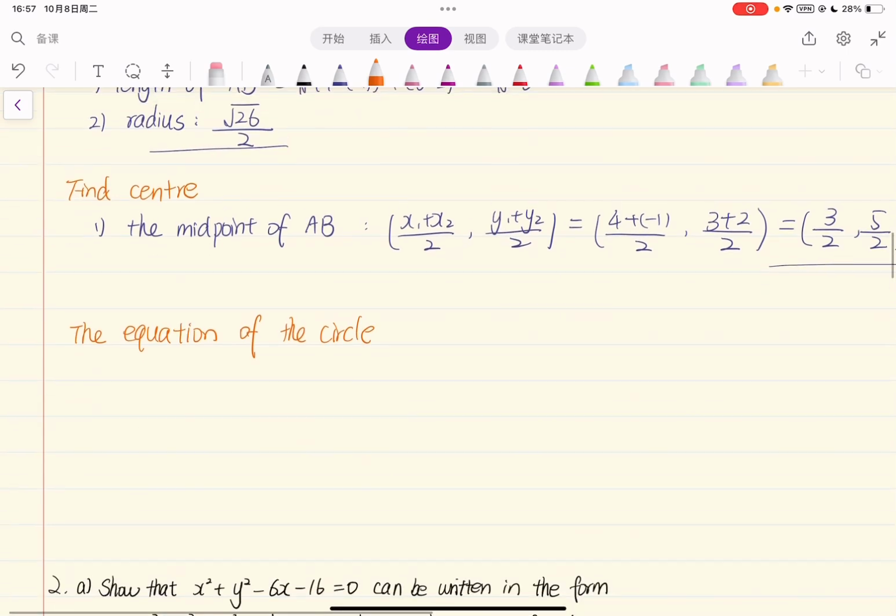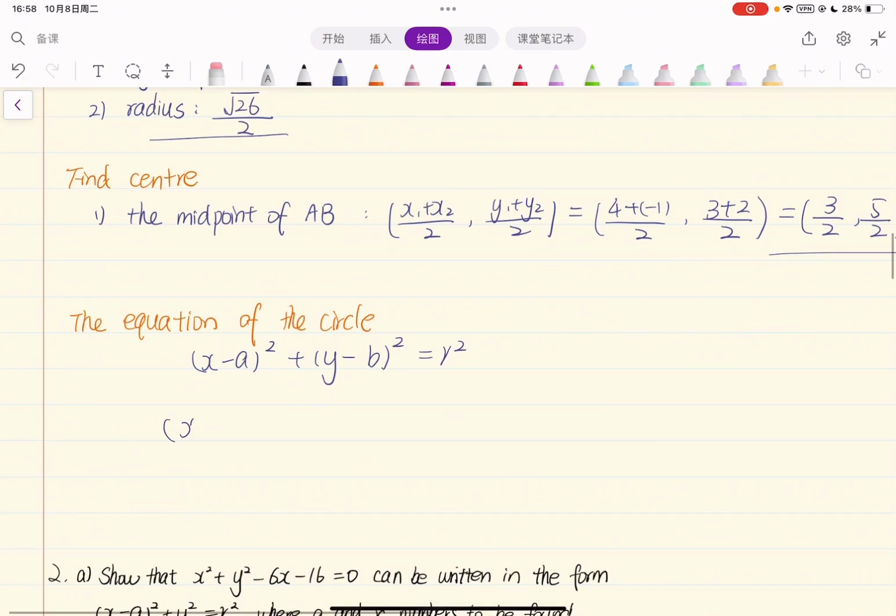Remember that the equation of circle is x minus a squared plus y minus b squared equals r squared. So we have x minus 3 over 2 squared plus y minus 5 over 2 squared equals square root of 26 over 2, squared.